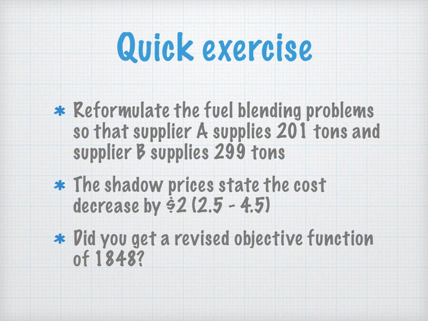So if we rerun the problem with these new constraints, then we should see a decrease in the objective function of $2. That is, 2.5 minus 4.5 is minus 2. And we subtract this from 1,850 to get 1,848. Check your results.